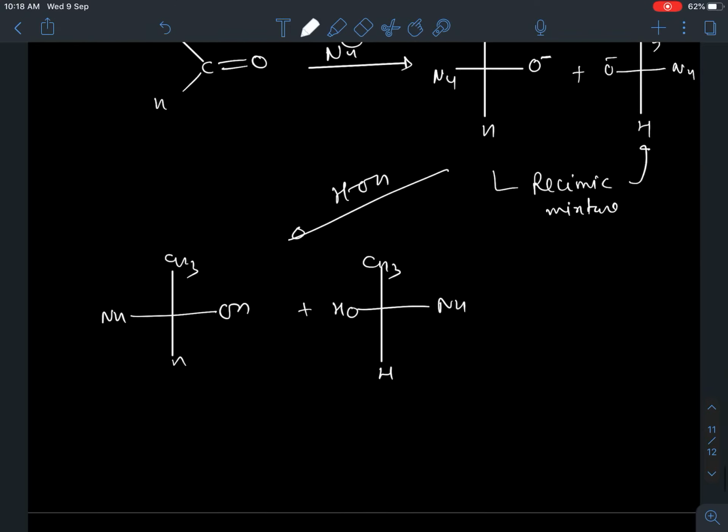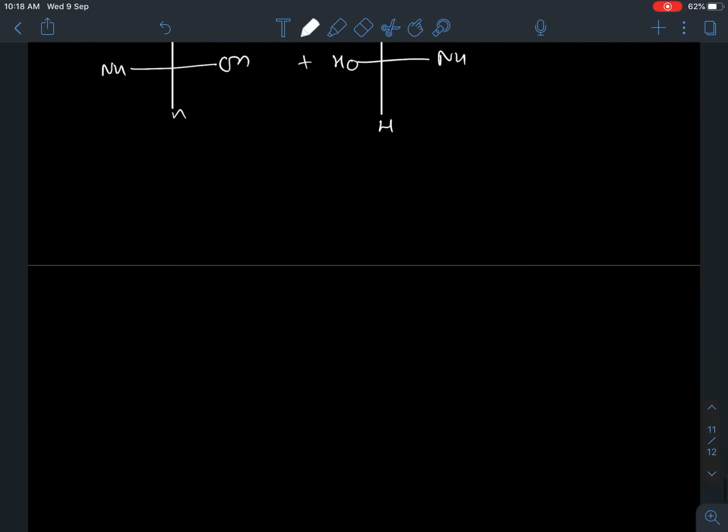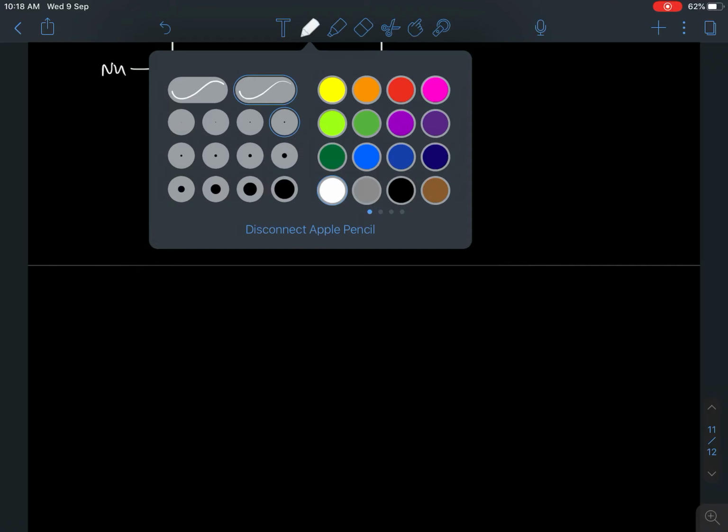So this is how the general nucleophilic reaction will happen. Now if you look at the whole process, let me once again go through it. We are having certain challenges in that. Number one, let us re-look at the whole thing.